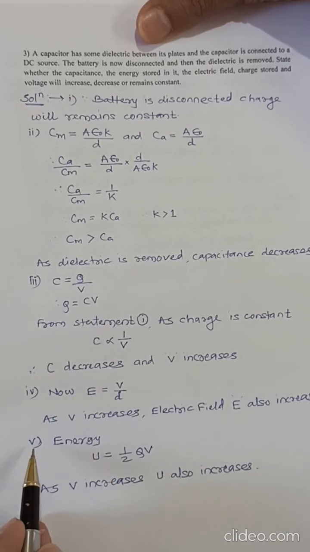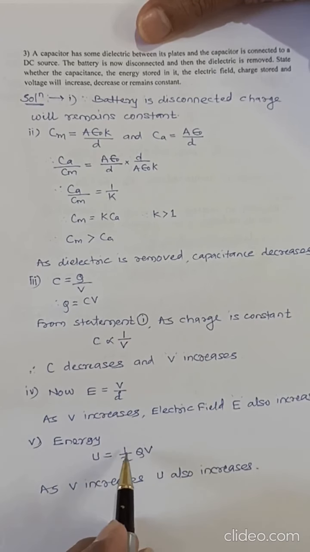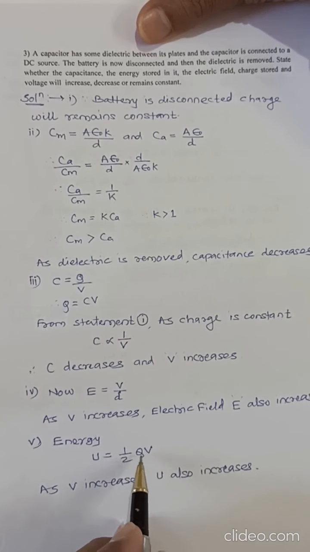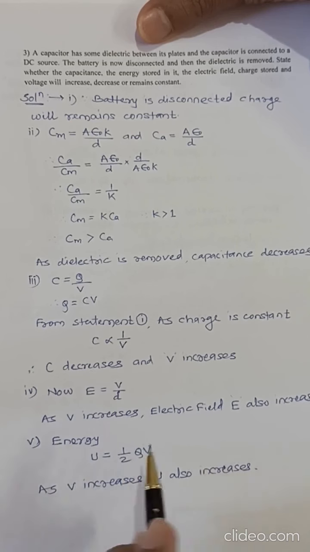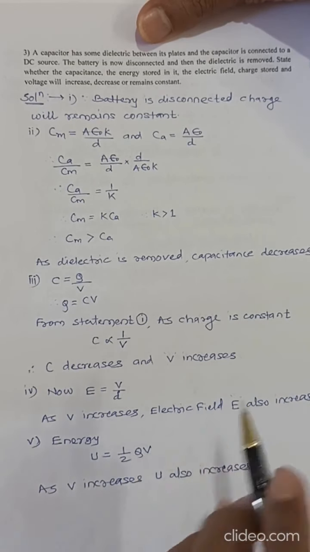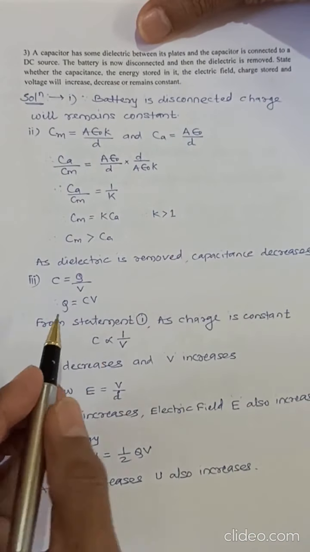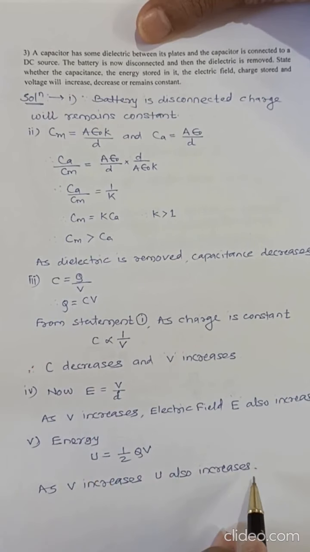And the last one, number 5, we know that energy U is equal to 1/2 QV. But here Q is constant, charge is constant, V increases. So as V increases, energy also increases.